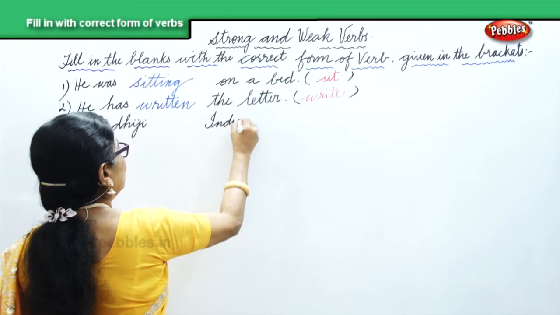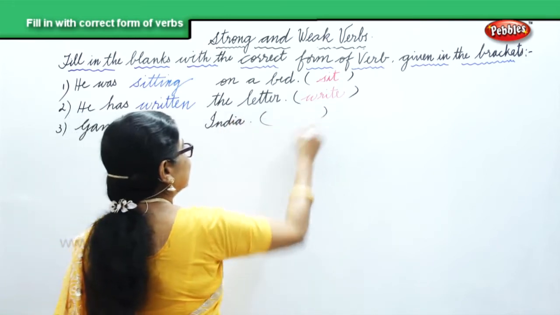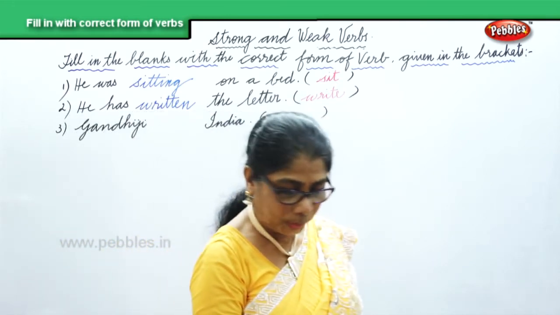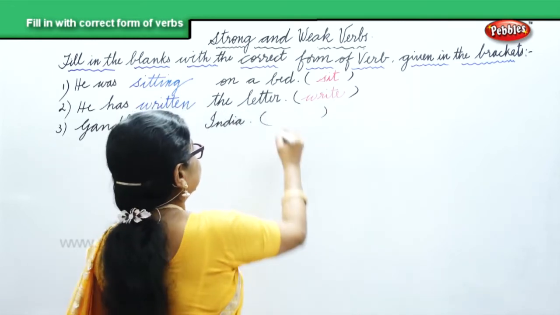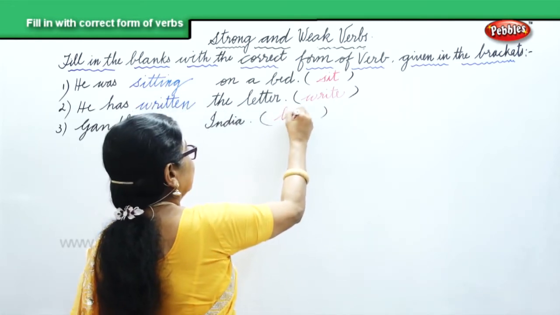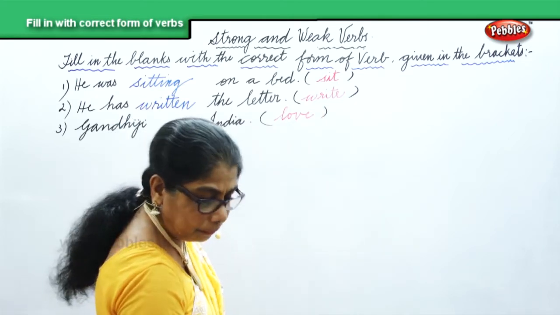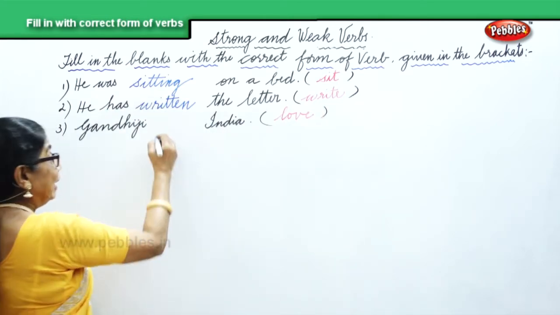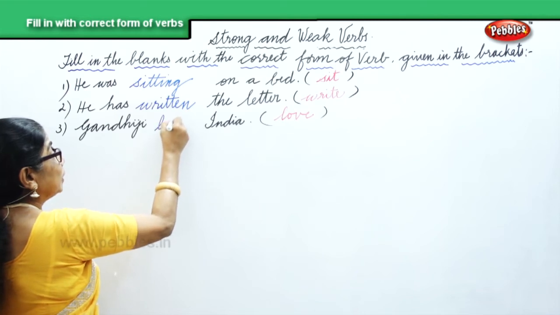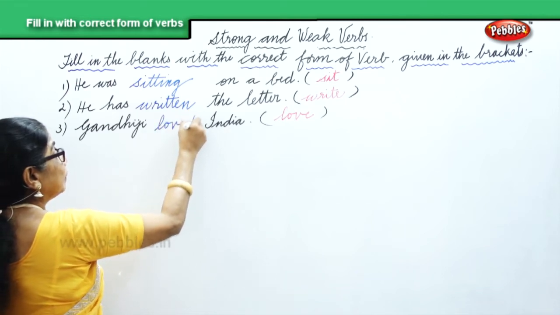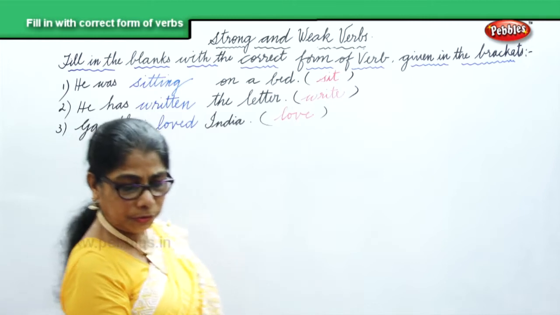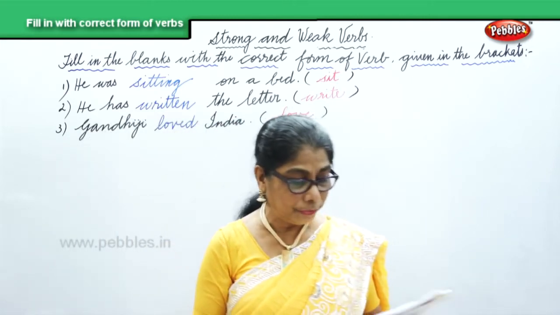And the word you have is love. So now, what form of verb will you put in? Gandhiji loved. Very good. Gandhiji loved India.